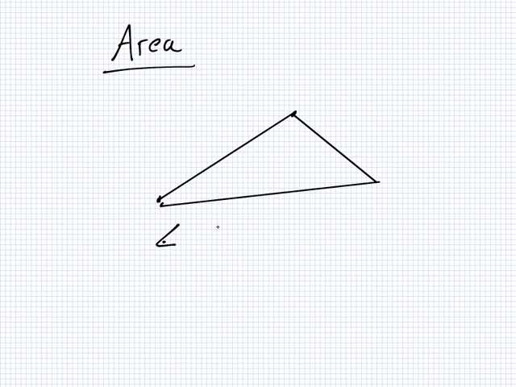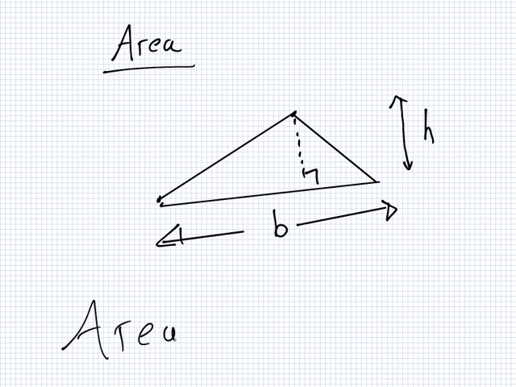If this side here to here is the base, and this height is h, then everybody, I hope, remembers this from middle school. It's a half the base by the height is the area.